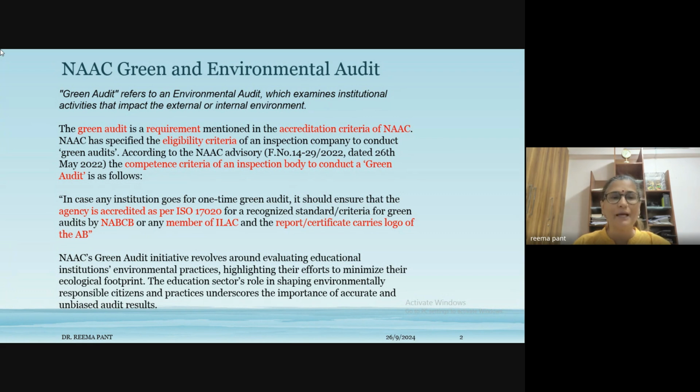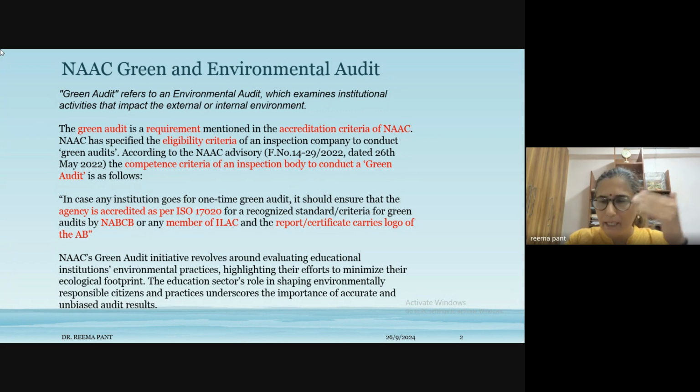Anyways, coming back to the NAC and green environmental audit. The first thing was very clear: green and environmental audit, in the case of educational institutions, is similar. There is no difference as such when I say green or environmental audit, it is just the same thing. What it means is that we are going to examine or take accountability of every aspect which is regarded as a part of the environment.